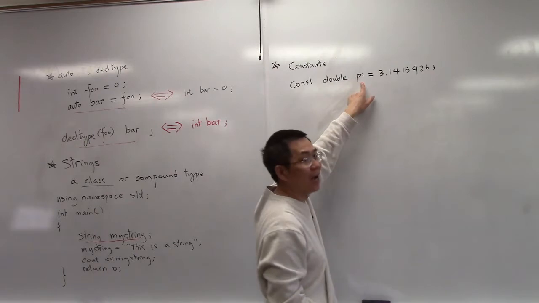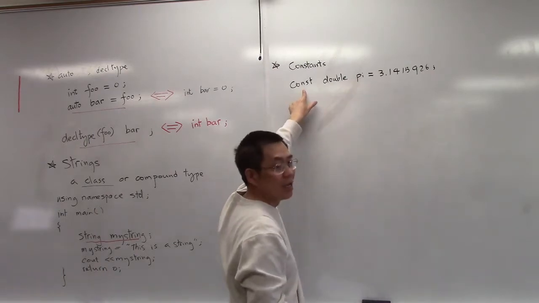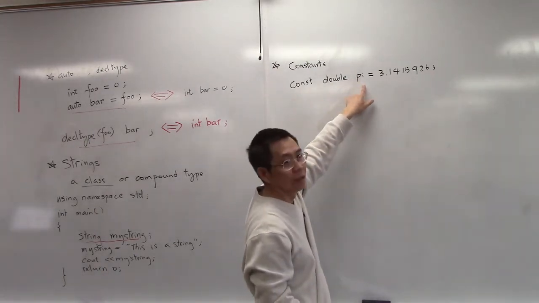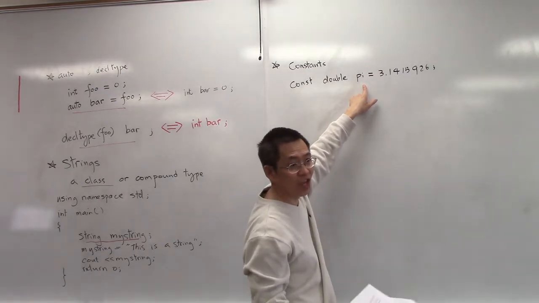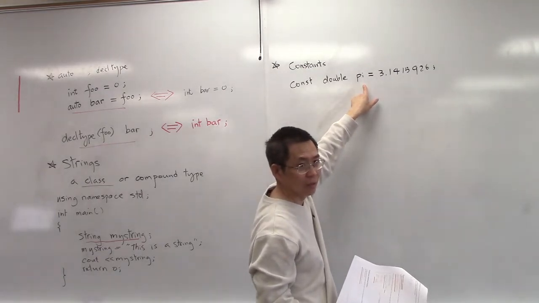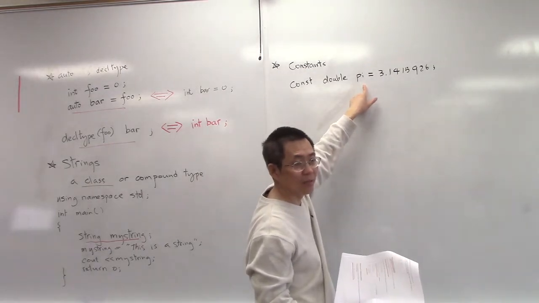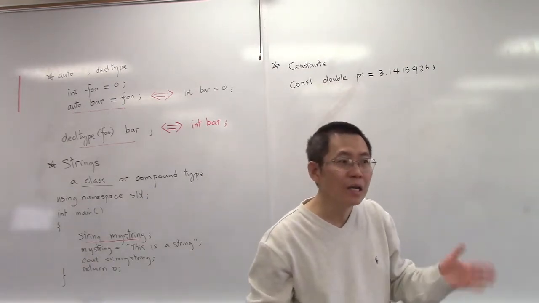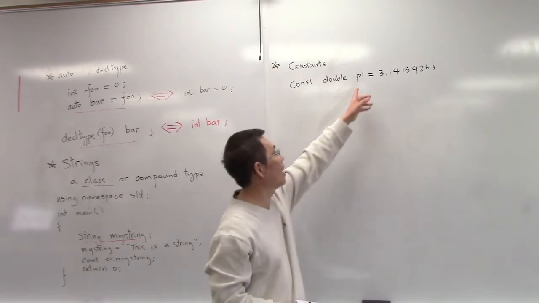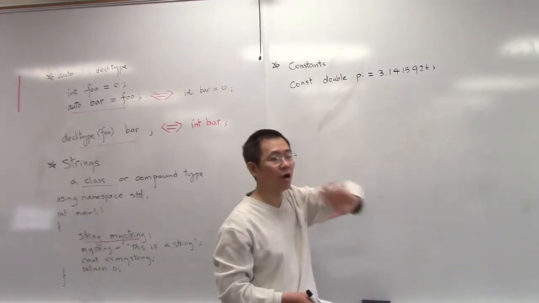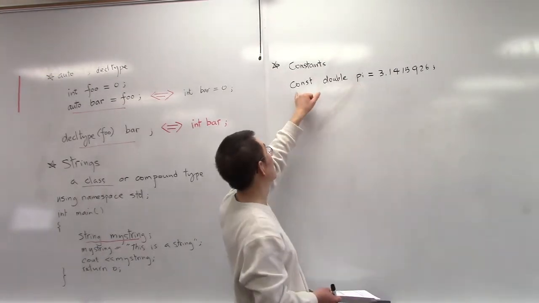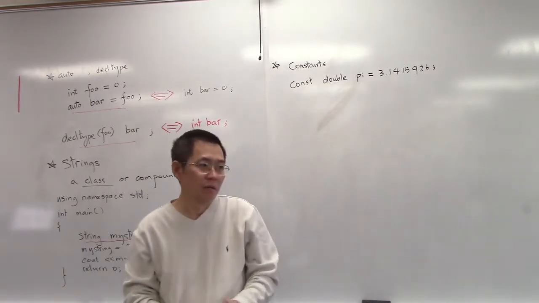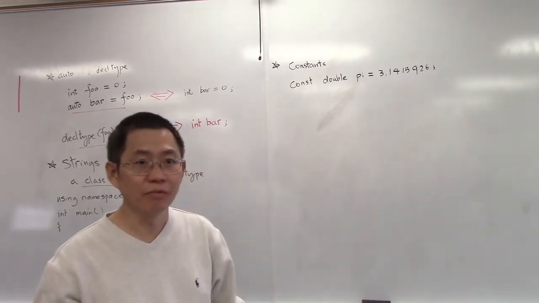Now, because I put const here, this value cannot be changed. Sometimes you want that. When you program a lot of things, there are a lot of variables and you may forget. If you try to assign a new value to pi, the compiler will not allow it, because this tells the compiler that this value cannot be changed. Sometimes we want that.